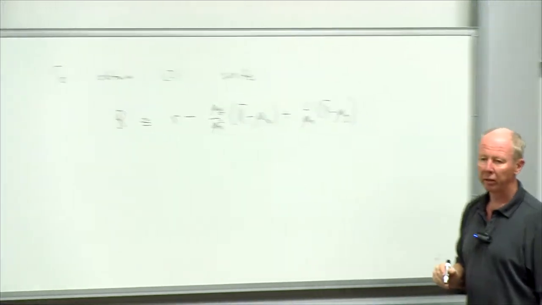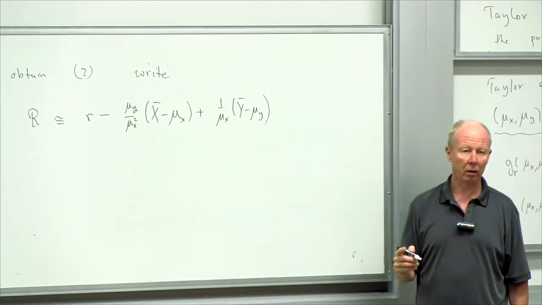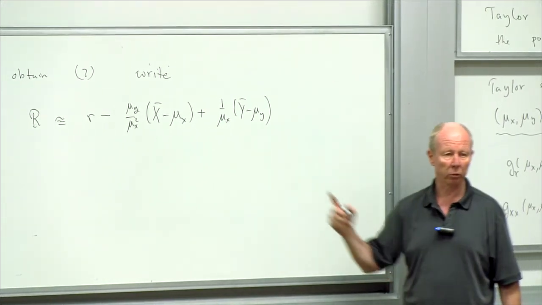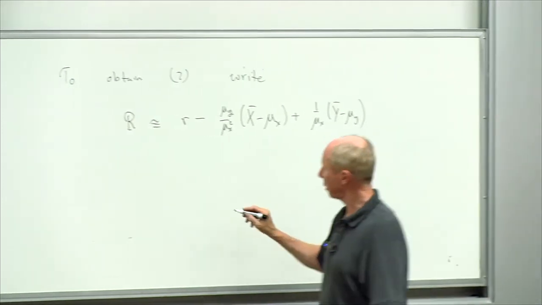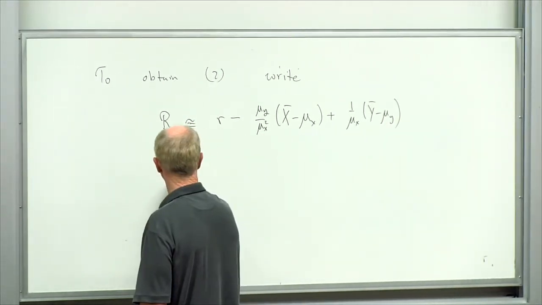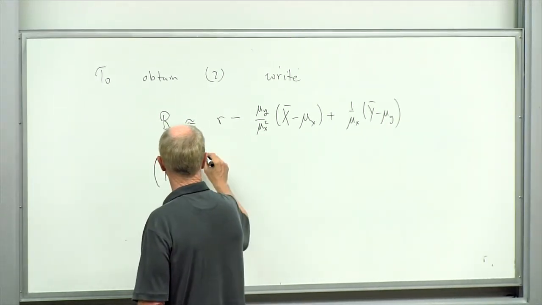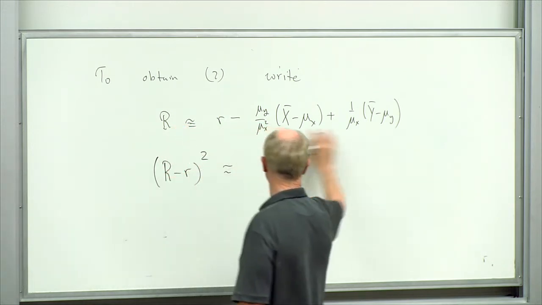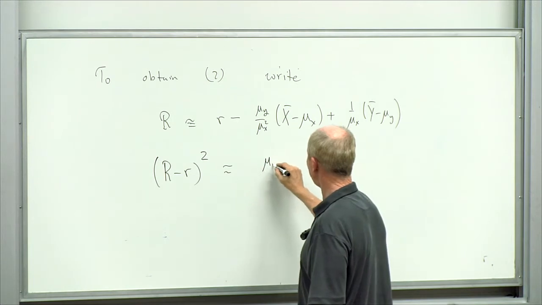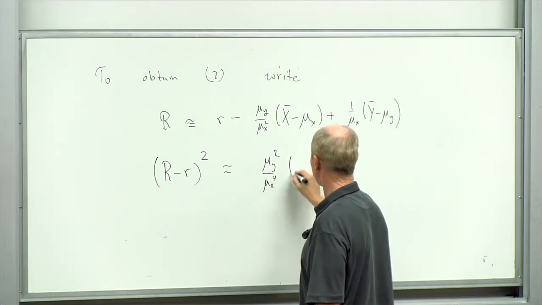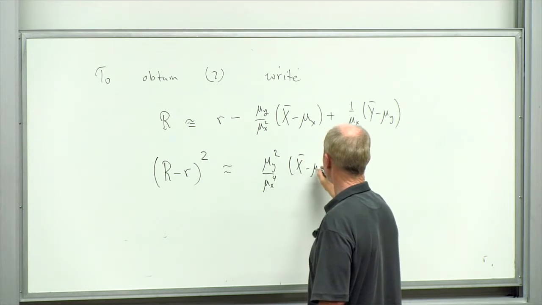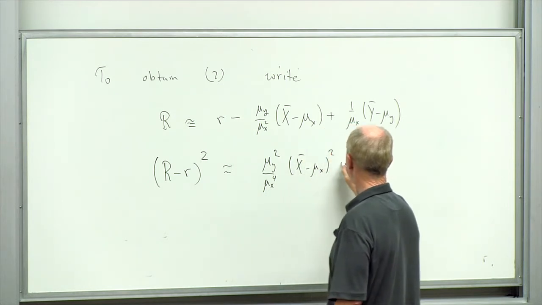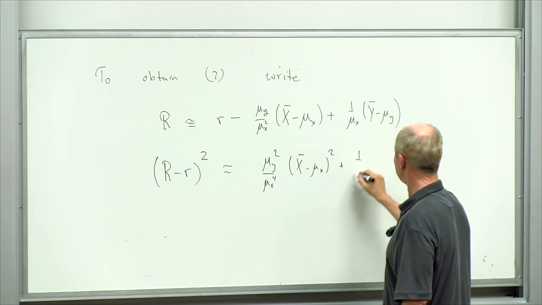Now, how do you get the variance of capital R? You subtract little r, square it, and take expected value. So you subtract little r from both sides. And square. This will be about equal to this thing squared, which would be what? Mu y squared over mu x to the fourth times x bar minus mu sub x squared plus this thing squared.